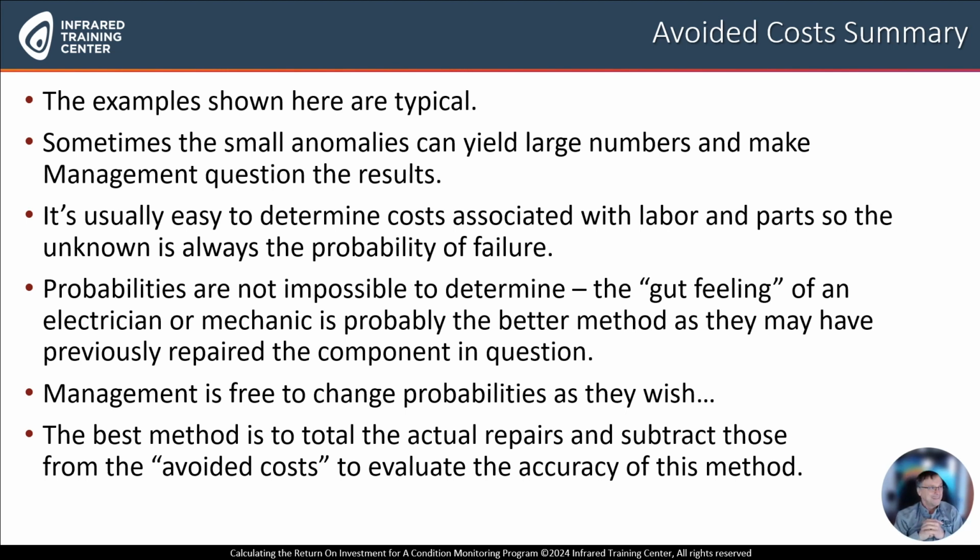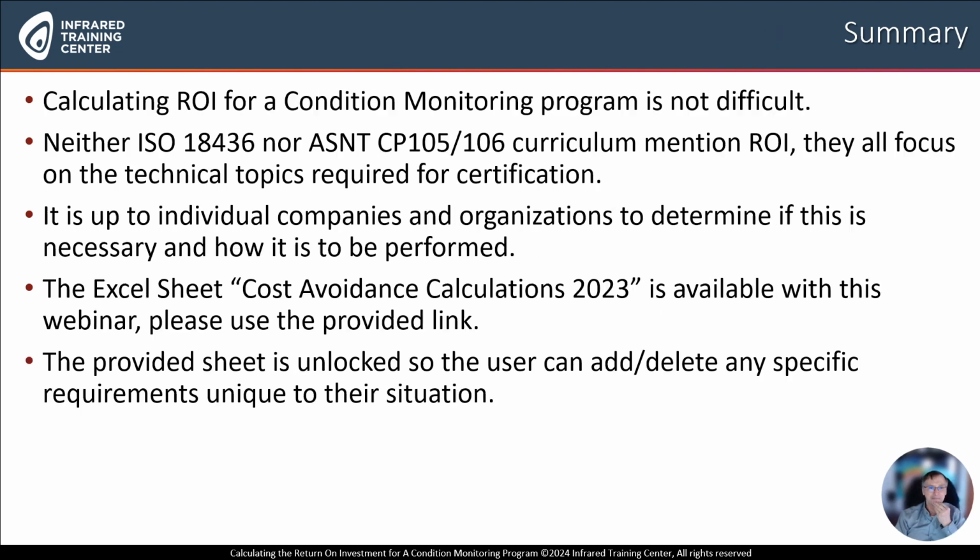But again, it's got to be between 0 and 100%. Something is going to happen, okay? And the best method is to try this out at your facilities. Try this out with your customers and track it and feed back to us whether this is worthwhile or not. But it's been used in certain industries for quite some time.